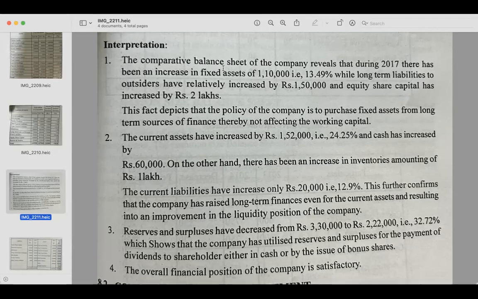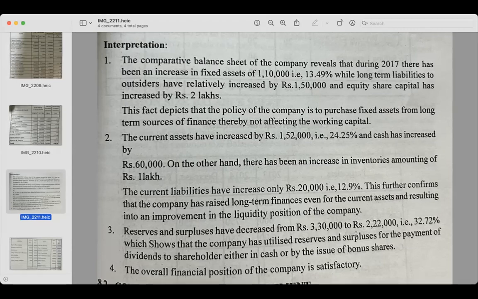The third point is reserves and surplus have decreased from 3,30,000 to 2,22,000, which is 32.72%, which indicates that the company has utilized reserves and surplus for the payment of dividends or any other redemption of the shares or bonds, or maybe to issue bonus shares.